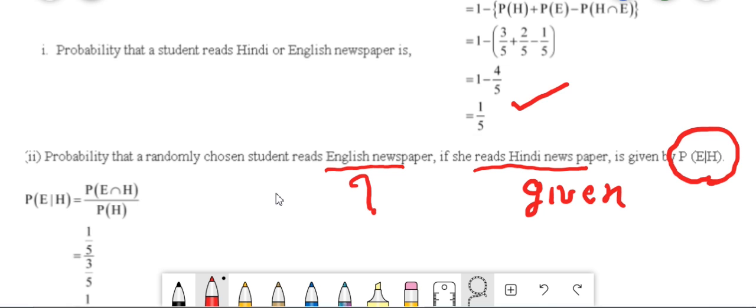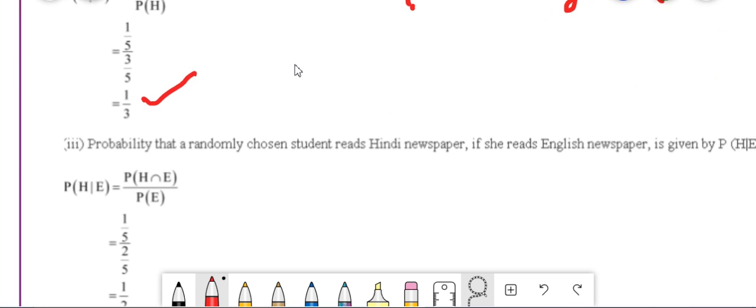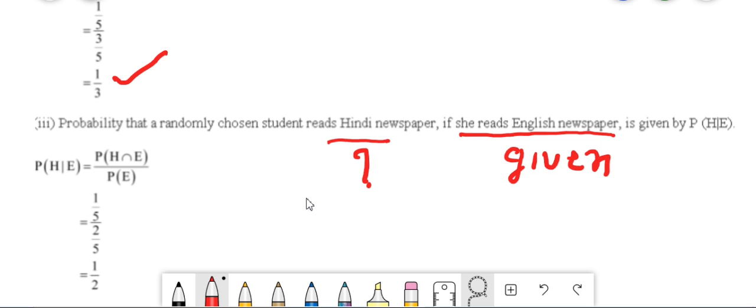So P of E given H is equal to the intersection upon P of H. Replace the values, the answer is 1 upon 3. Okay, question number 3. The probability that a randomly chosen student reads Hindi newspaper if she reads English newspaper. Means this is given and this you have to find out. So it is exactly the same as you calculated above.